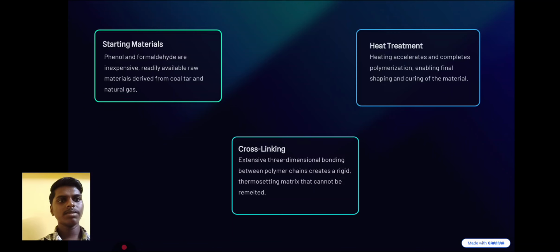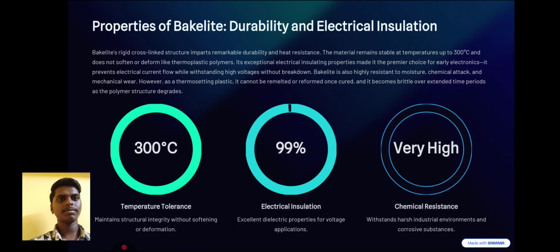Cross linking: extensive three-dimensional bonding between polymer chains creates a rigid thermosetting matrix that cannot be remelted. Heat treatment: heating accelerates and completes polymerization, enabling final shaping and curing of the material.